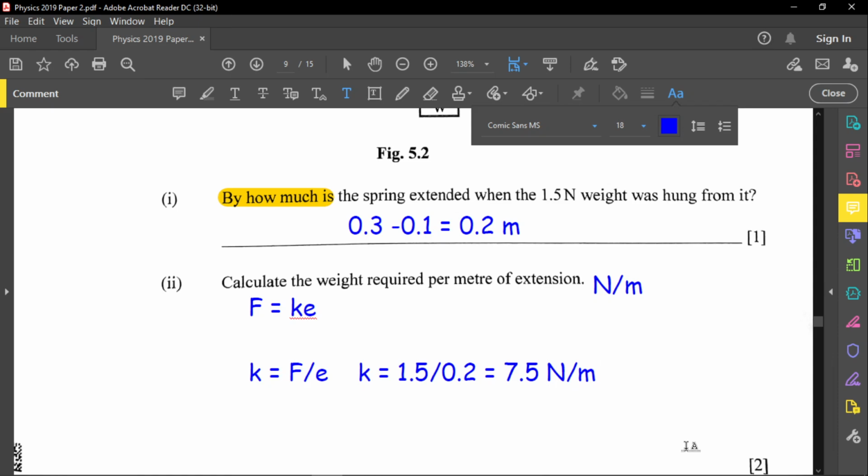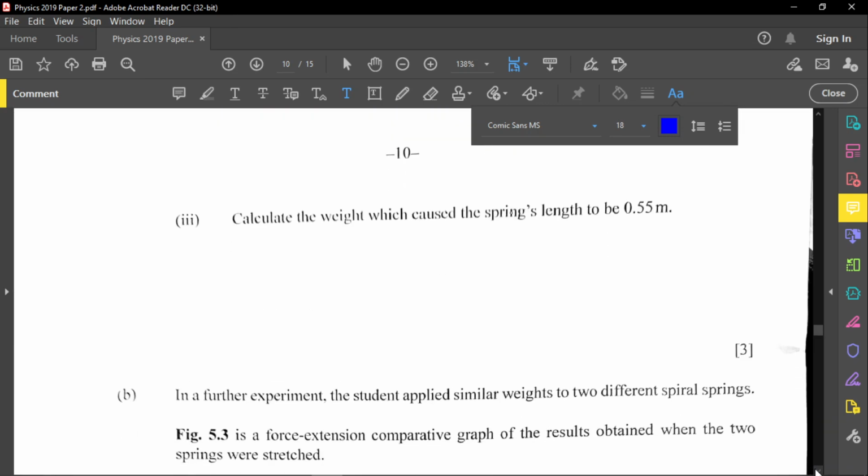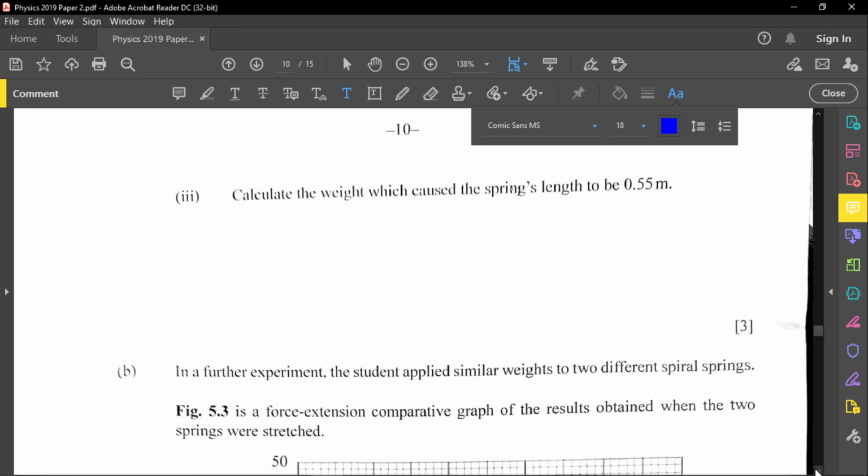Knowing the spring constant makes life easier to calculate either force or extension. You can make it the subject of the formula, you can transpose, you can do a number of things. Now, for part 3, it's calculate the weight which caused the spring length to be 0.55 meters.